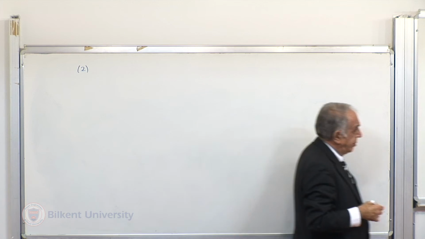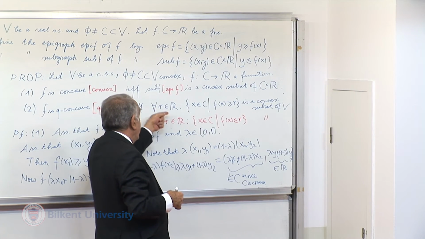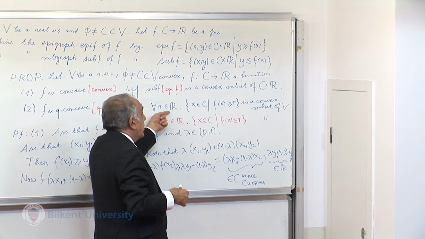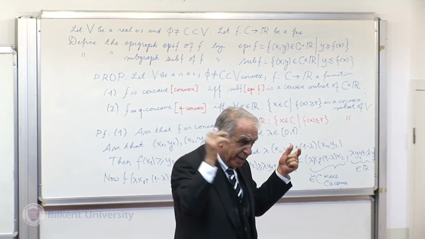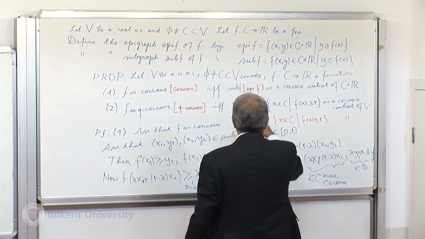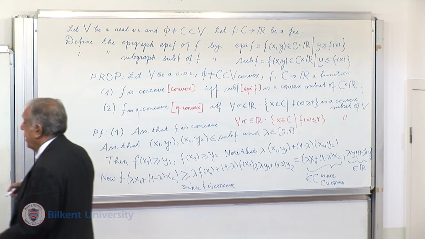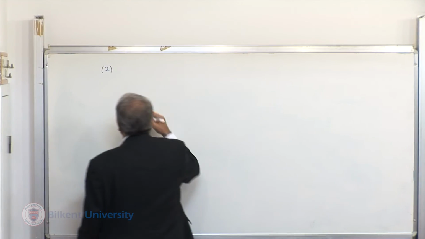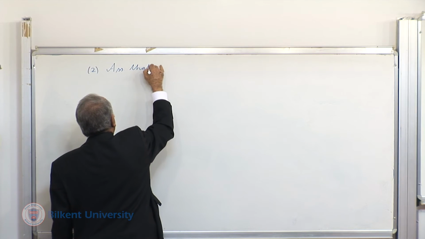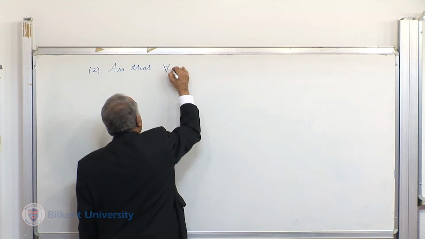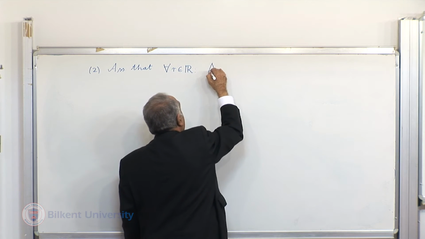This time, let us take something in the reverse direction. Well, to prove something for concave and convex functions is the same because you take just the negative of that. So let's assume the right-hand side blue statement. Assume that for all real numbers R, now let me give a name to this set.